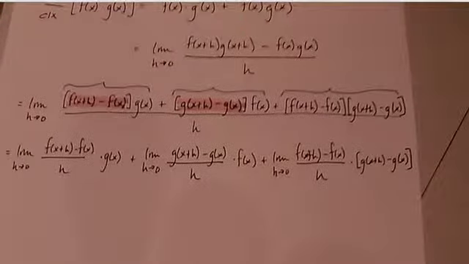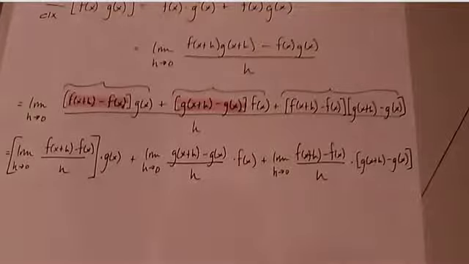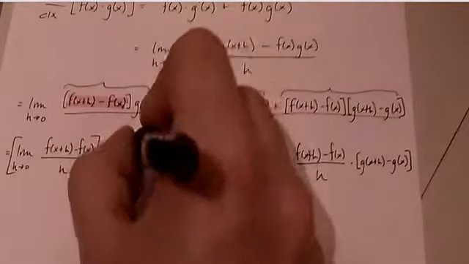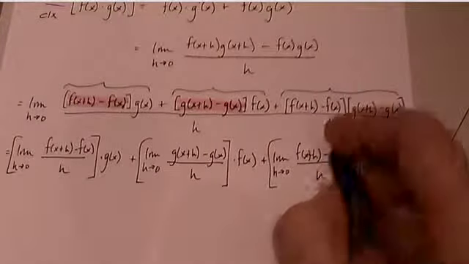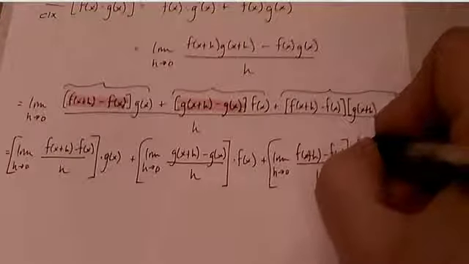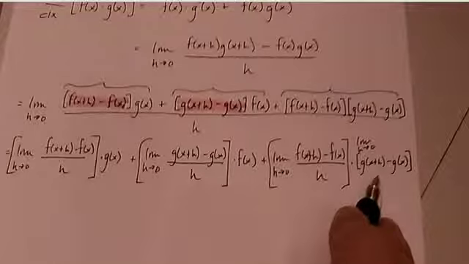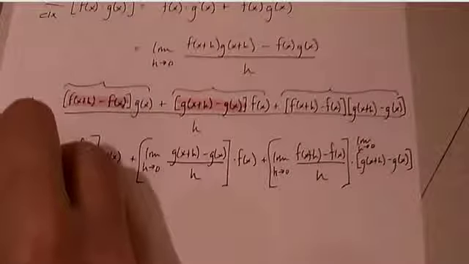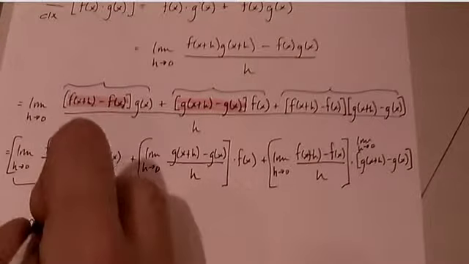Because once I think about it, this right here is f prime. This right here is g prime. This right here is f prime, but if I go ahead and apply the limit to this one, that's 0. Okay?